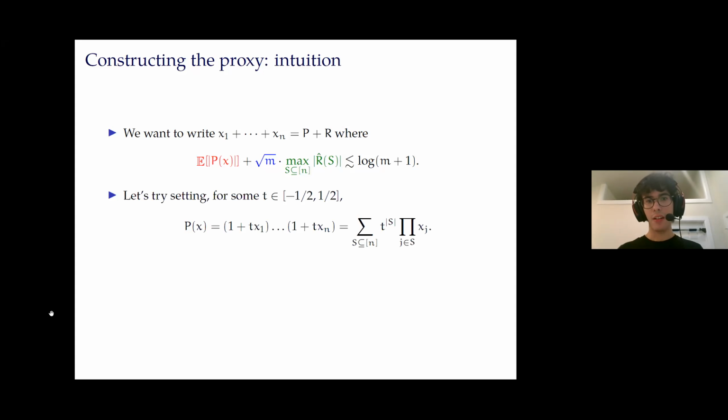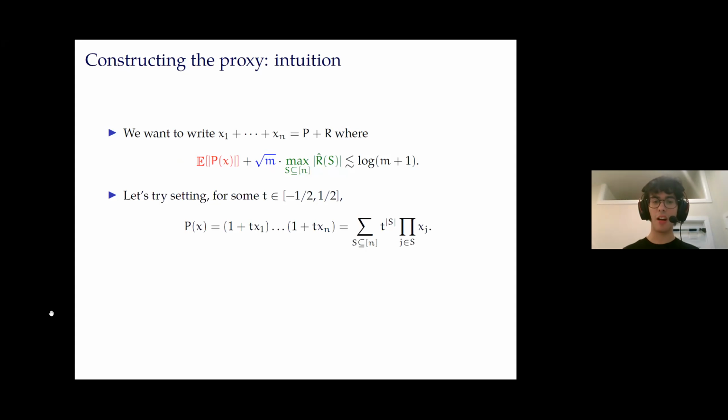Here's an idea we can try: for some real number t, we can say that this proxy is going to be something like this. And this is nice in the sense that it approximates the linear term, because for the linear term you only have a t, and for the higher order terms you have t to the power of the size of the set, which goes to 0 for higher order terms.